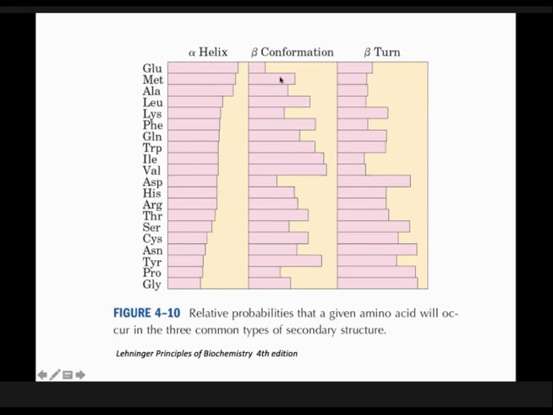In beta conformation, you have more valine, for example, and likewise for beta turn. The probability of finding this type of amino acid depends on the conformation. Again, I'm not going to ask you in the exam which amino acids are in the beta conformation, but the information is there if one day you need it.